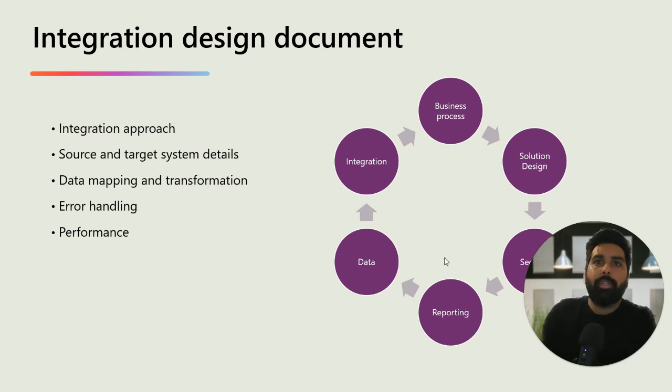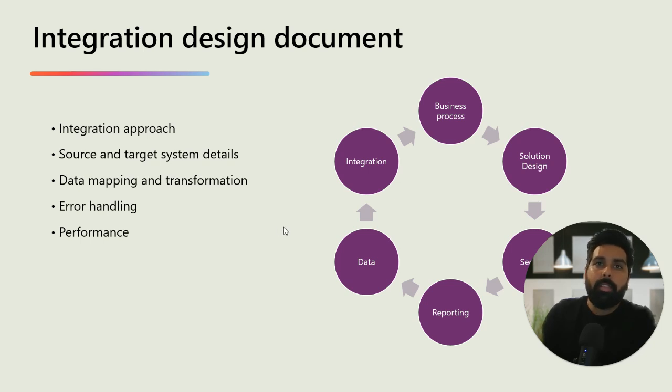Then you also need to talk about data mapping and transformation. If you are receiving the data in D365, then what data you are receiving, where you will be using that, and how it should get transformed into the convention or the data which you want to capture in D365.